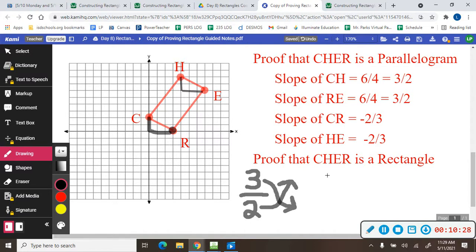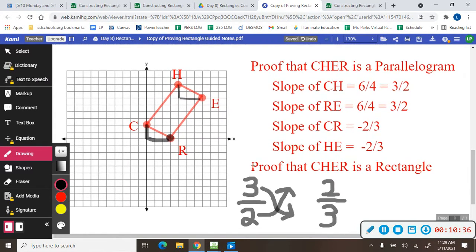That's what we call a reciprocal. And then we call opposite reciprocal when you start with positive and you change to negative, or you go from negative, change to positive. So because this and this are opposite reciprocals, I would say that yes, it is a rectangle.